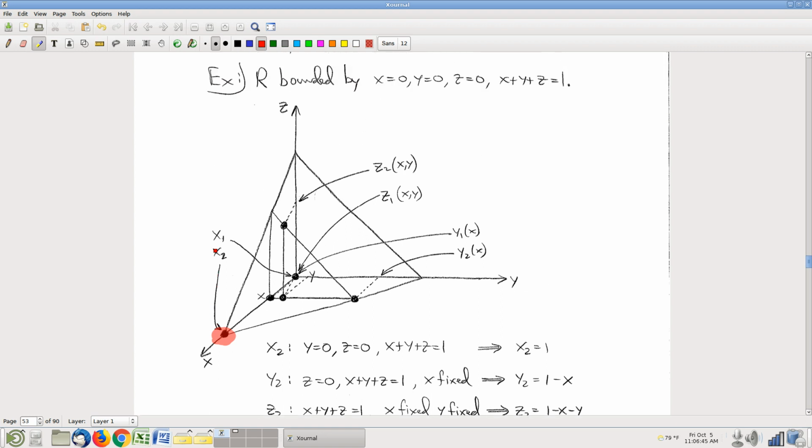Well, you've got to think about the shapes. That point is on that plane. It's on this plane.